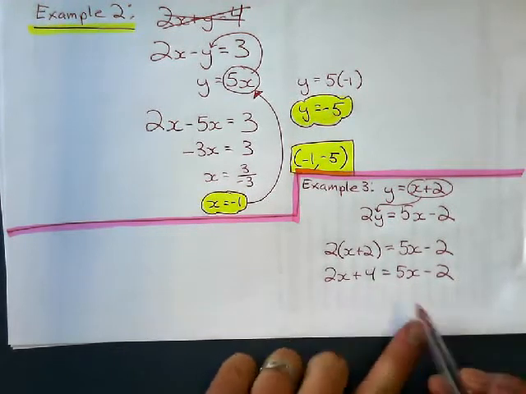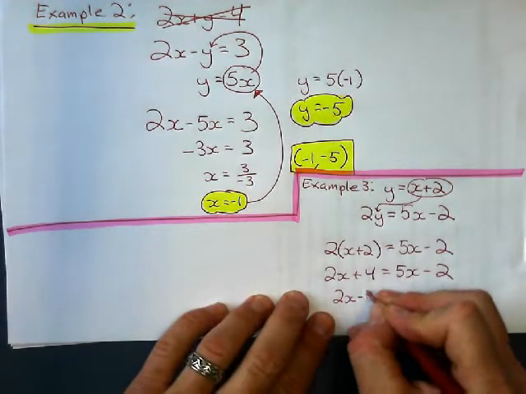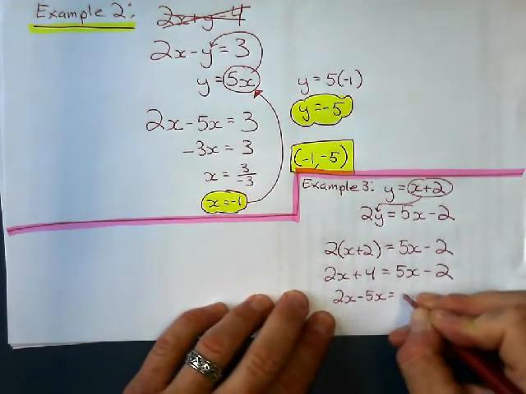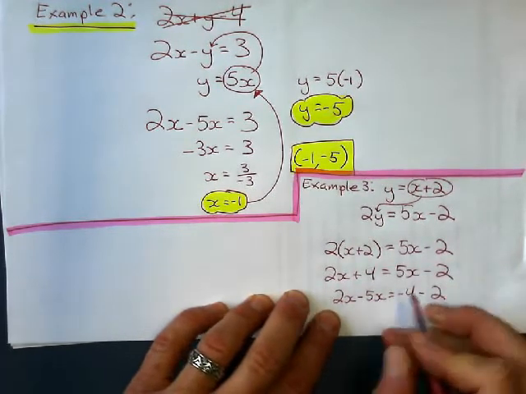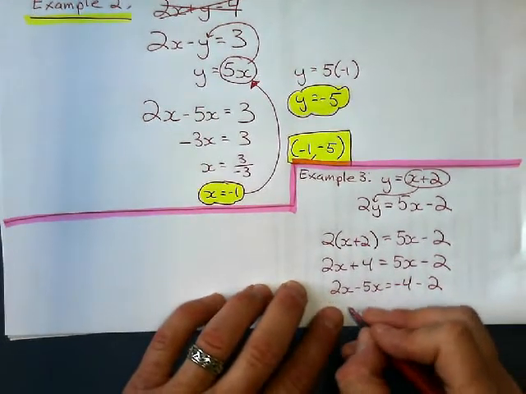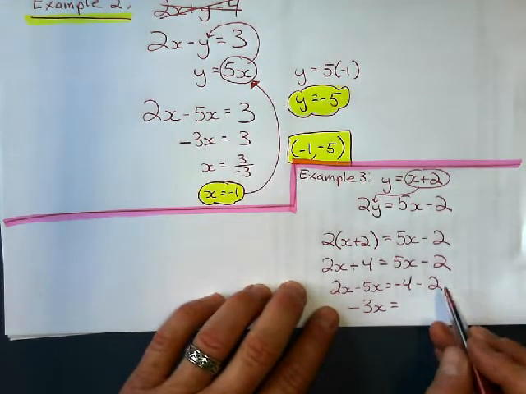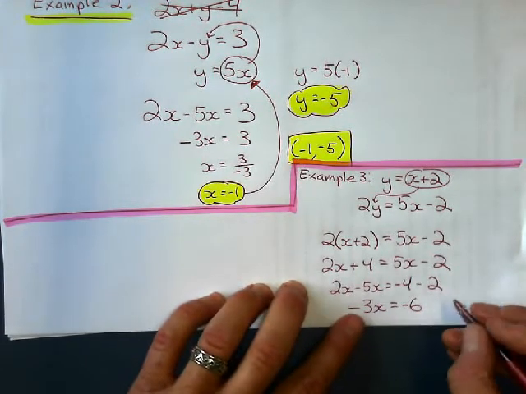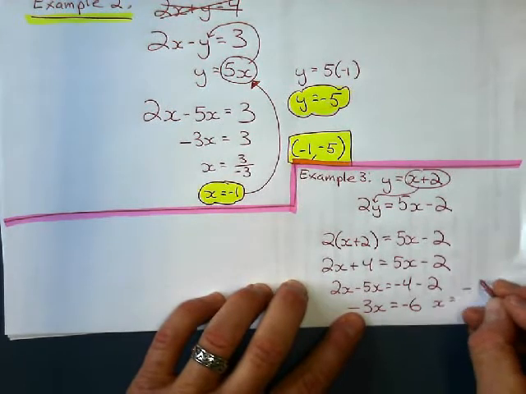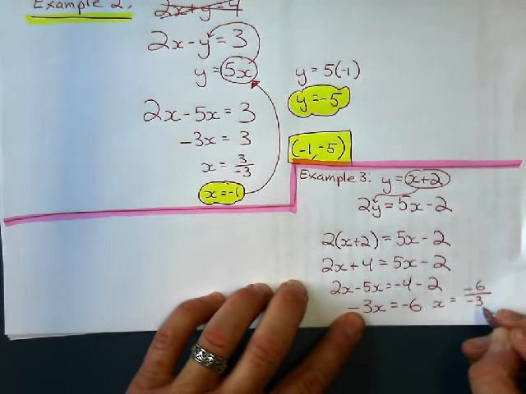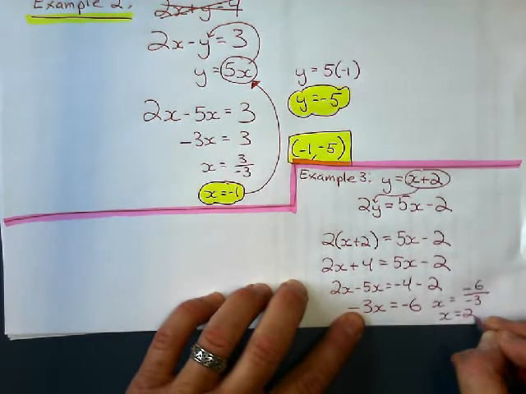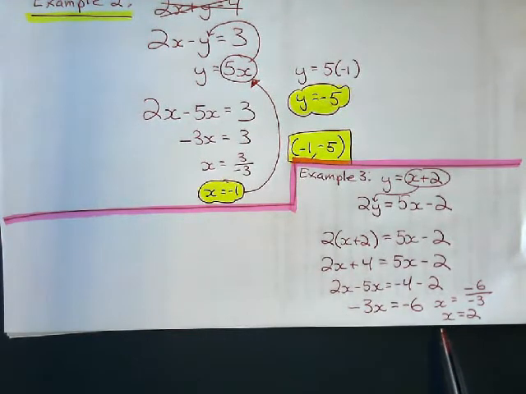Switch these two terms around, changing their sign. 2x minus 5x equals negative 4 minus 2. 2x minus 5x is negative 3x, of course. Negative 4 minus 2 is negative 6. So when I solve for x, it's negative 6 divided by that coefficient, which is negative 3, so x is 2.